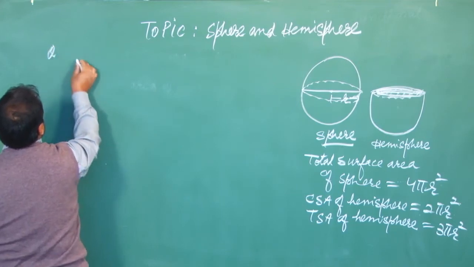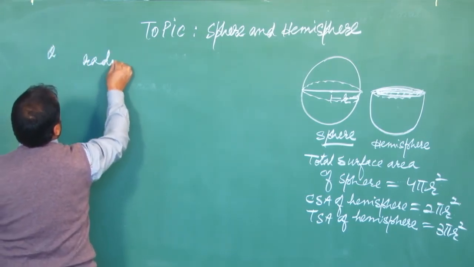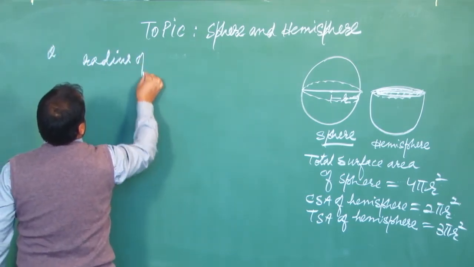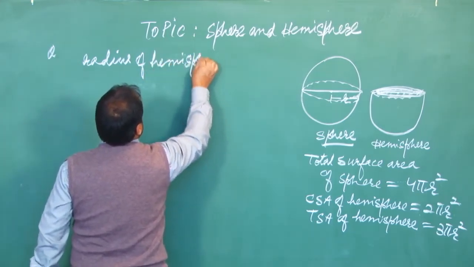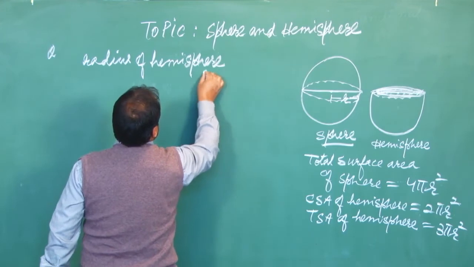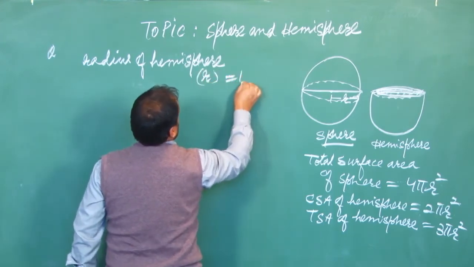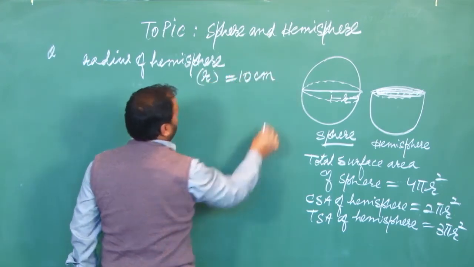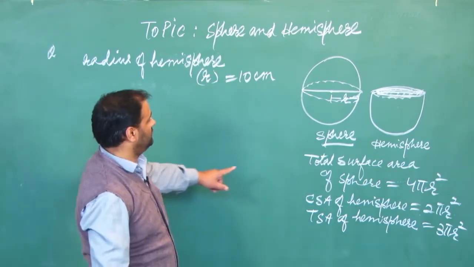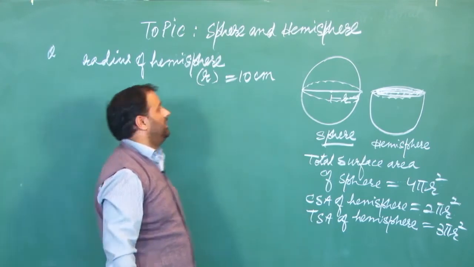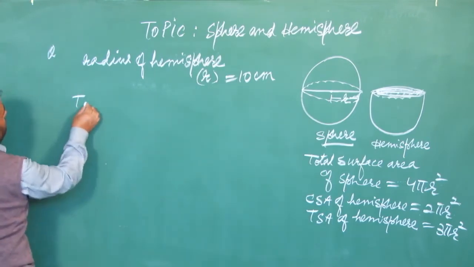The radius of the hemisphere is 10 centimeter. We have to find its total surface area. As we know, the total surface area of a hemisphere is 3 pi r square.